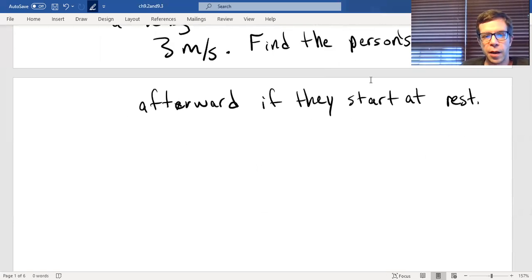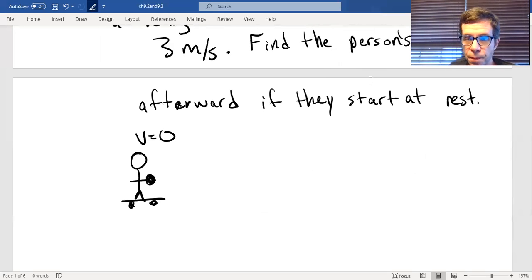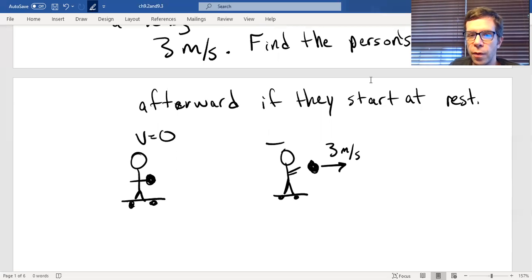So let's sketch what we've got here. We've got a person on a skateboard holding a big medicine ball, and the velocity is 0. Afterward, the medicine ball's moving horizontally, and the person is going to recoil.